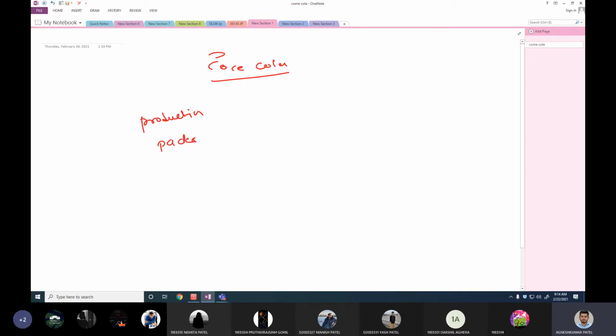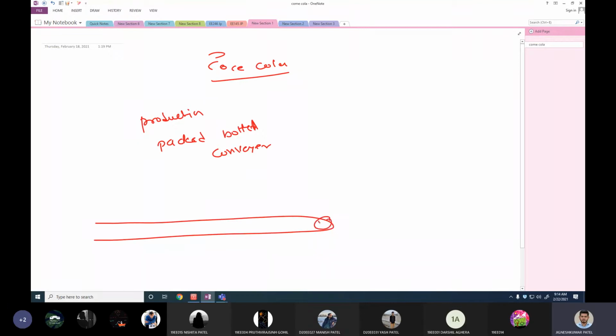We are at that station where the packed bottles are transferred onto your conveyor belt. Let's suppose this is your conveyor belt. There would be a pulley like this, and this belt is continuously going on, and here is a bottle like this.